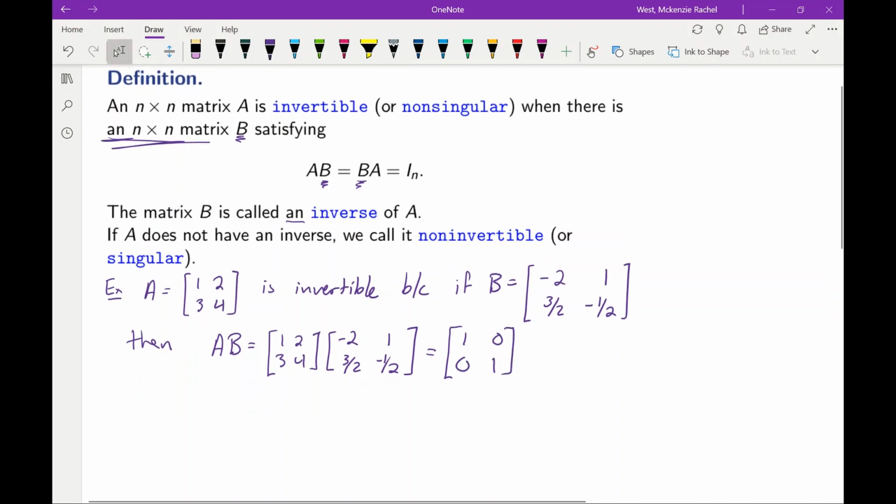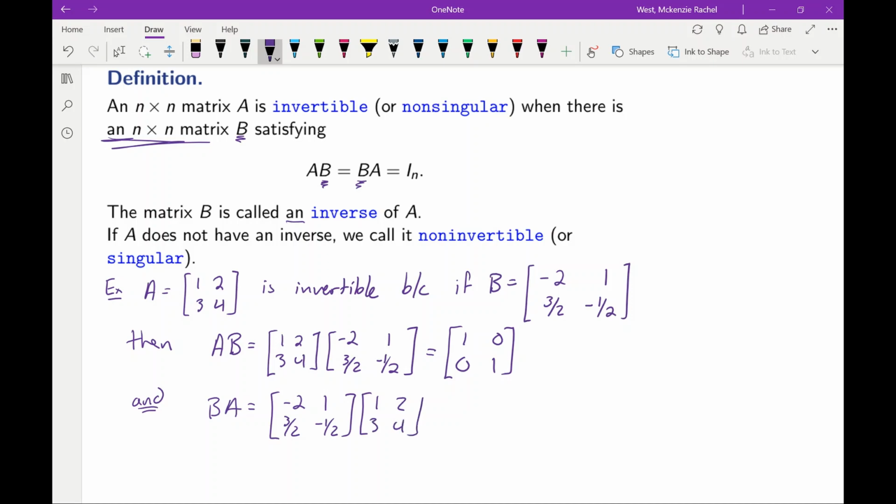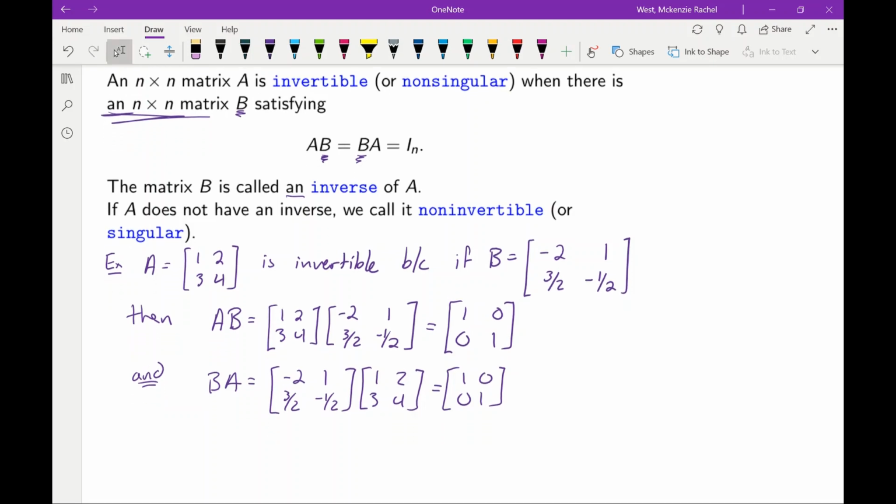We get the identity matrix, and when we go the other way around, B times A, with B coming first, we also get the 2 by 2 identity matrix. So these are two things we need, and so now we know that A is invertible.